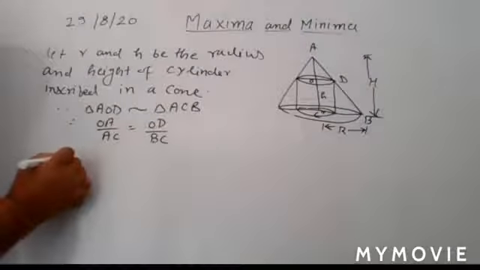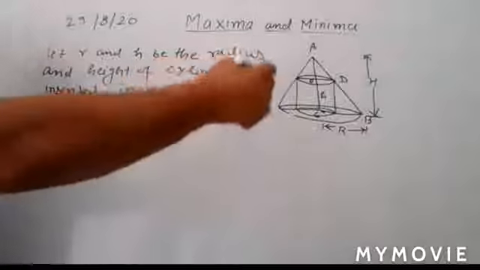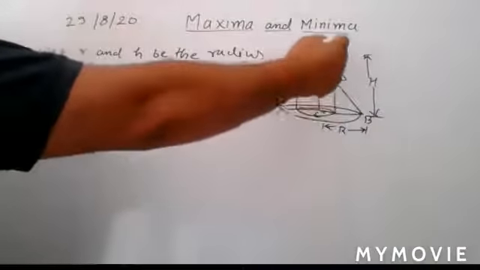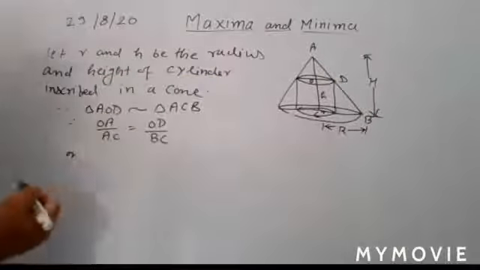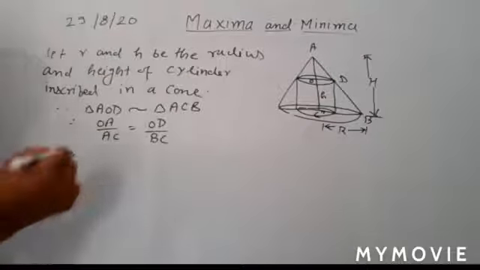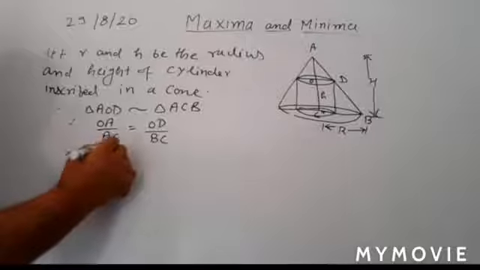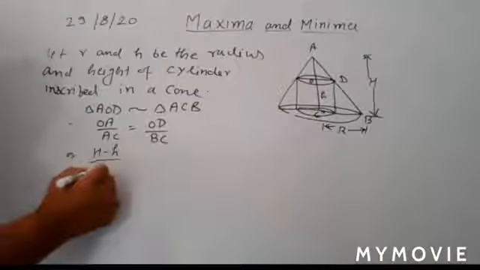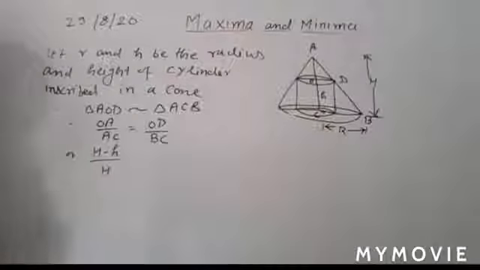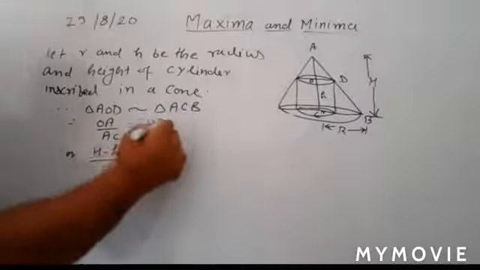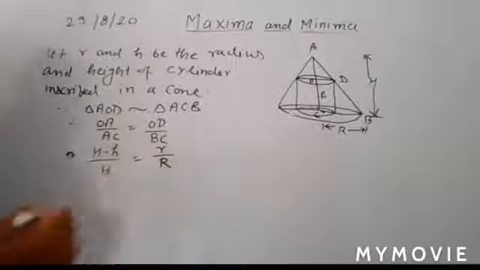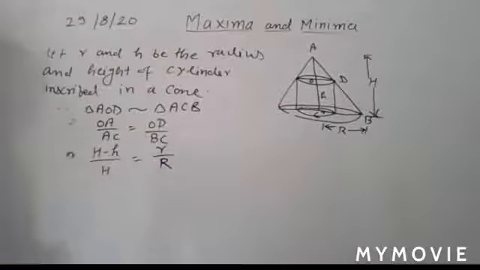Now putting its value. So the value of OA is what? Capital H minus small h. Just see your figure. Capital H minus small h is the value of OA. And value of AC is capital H. And here OD is small r and BC is capital R. So in this way, here you have your relation.